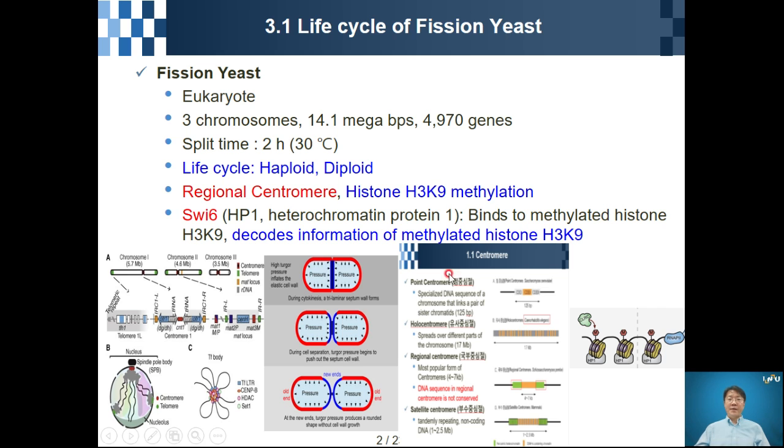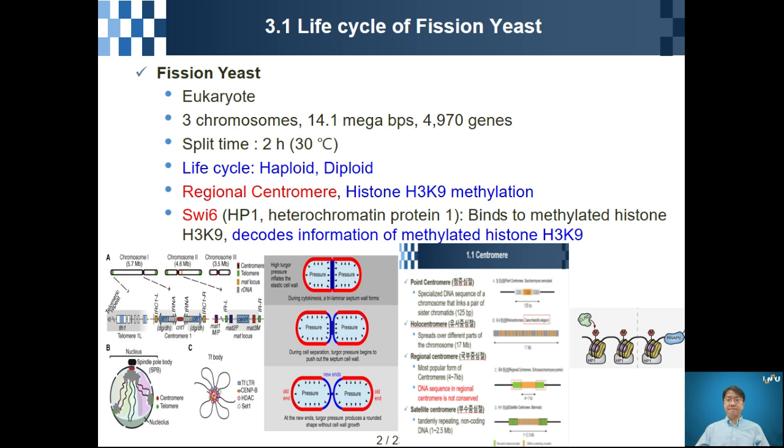We will see more detail later. The SUI6 protein, which we call the HP1 protein, heterochromatin protein 1, binds to methylated histone H3K9 and decodes its information.